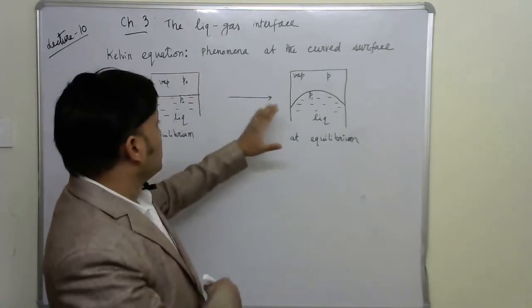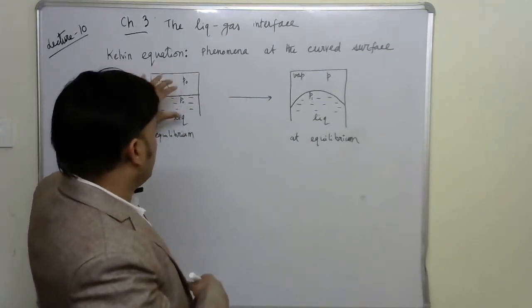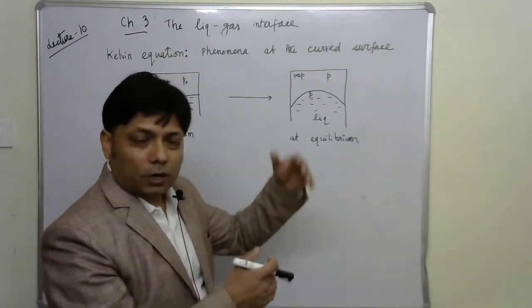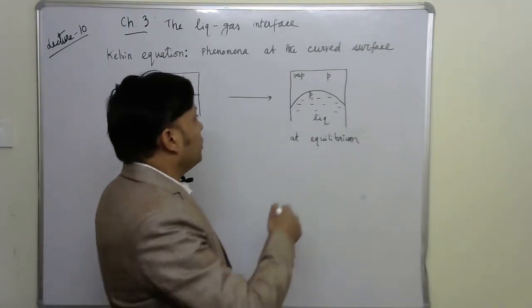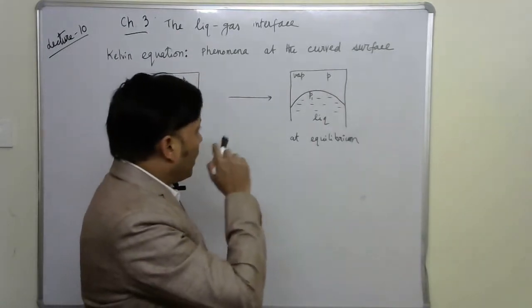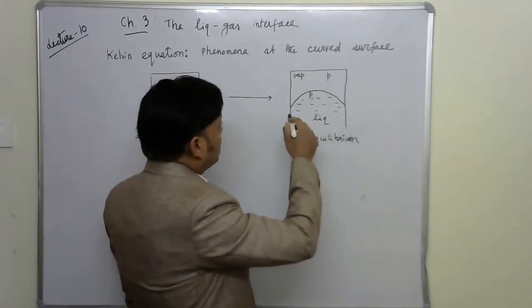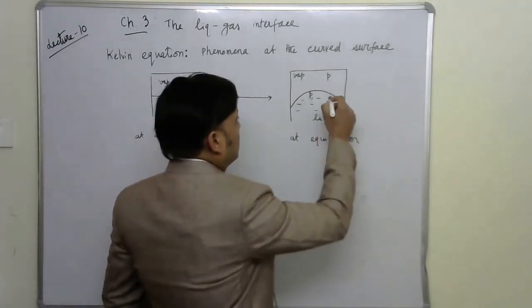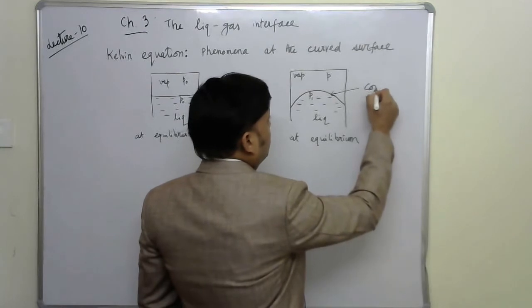In this situation we do not have P0 on the outer surface or inner surface. The new vapor pressure would be P, and we assume the pressure just below the convex surface, and this is the convex surface now.